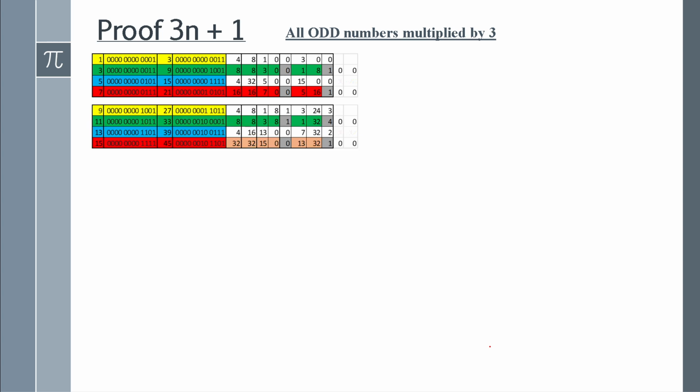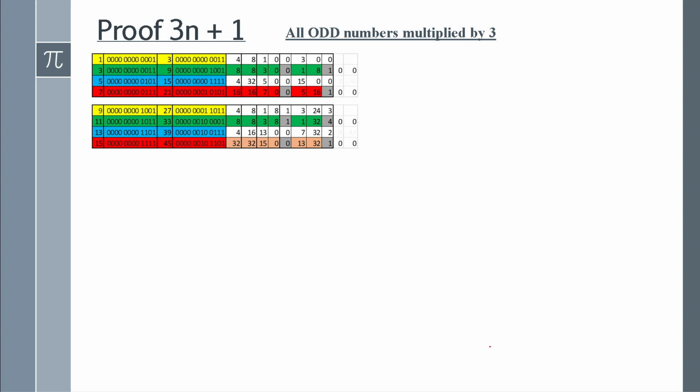And so just to show you these, like I said, all 1 mod 4s and 3 mod 8 numbers are going to be the same, right?